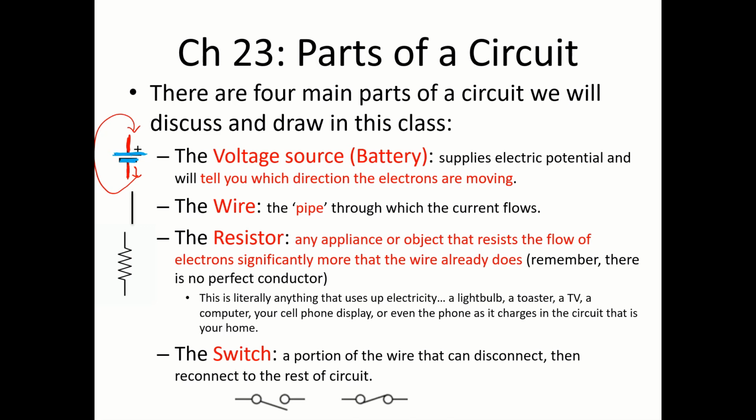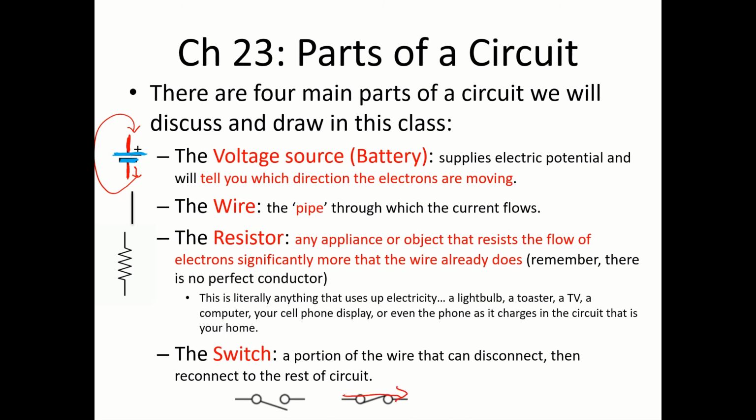Think of a switch like a bridge. Like a bridge over the Chicago River in downtown Chicago, or maybe a drawbridge on a castle with a moat, whatever. I don't know what kind of bridge you want to think of. It doesn't matter. If the bridge is down, like it is on the right-hand side, then those electrons can travel from one side of that switch to the other.